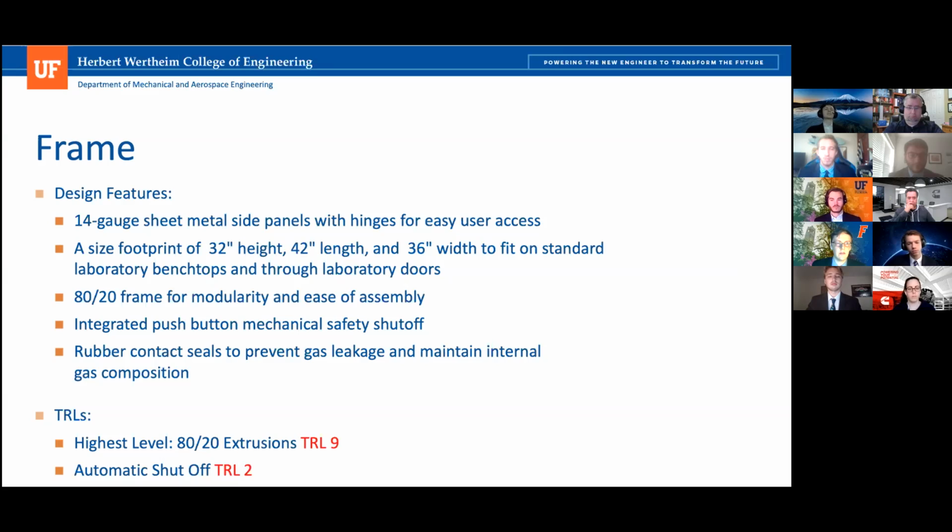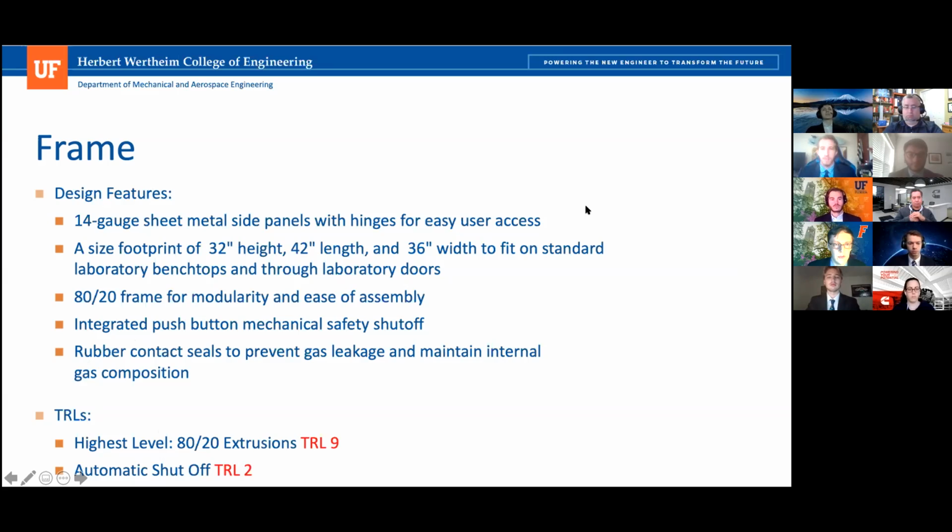So some of the design features of the frame, we used 14 gauge sheet metal side panels with hinges for easy user access. So the user can lift one of the panels to have just a full access of the inside of the assembly. As touched on earlier, we had a size footprint that accommodates a standard laboratory benchtop, as well as being able to fit through laboratory doors.